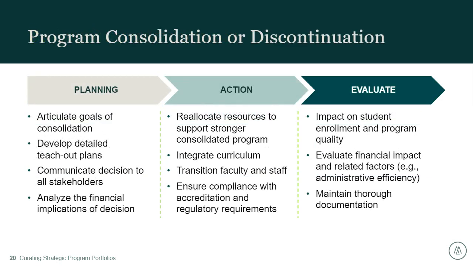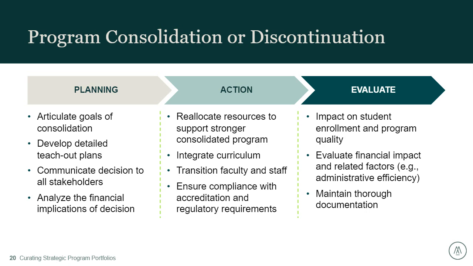I'm going to have Scott start us out here. All right, so for program consolidation, really, you need to have 3 steps as outlined on this slide. There's the planning, action, and then the evaluation. So planning, really articulate the goals of the consolidation. What are you planning to achieve by consolidation?